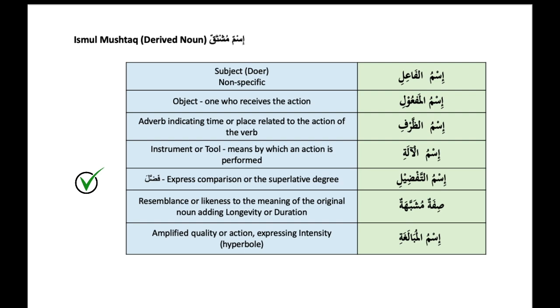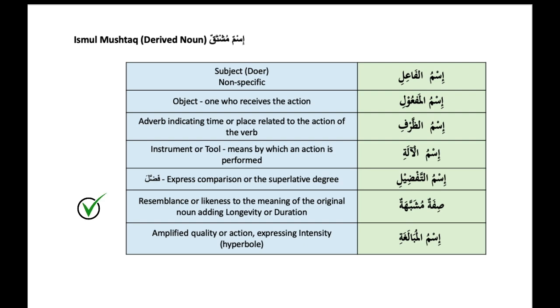And Ismut Tafdil can also mean comparison between a few. The same word khayrun could be used for comparison between a few. Example, haza khayrun min zalika. This is better than that. Khayrun could mean good, better, best. When it is better, it means comparison. When it is best, it means superlative.